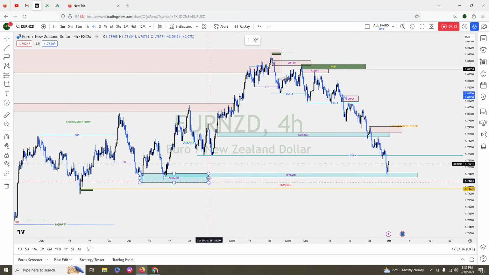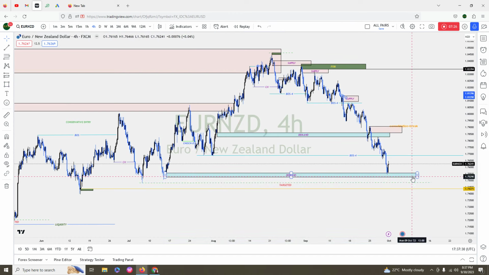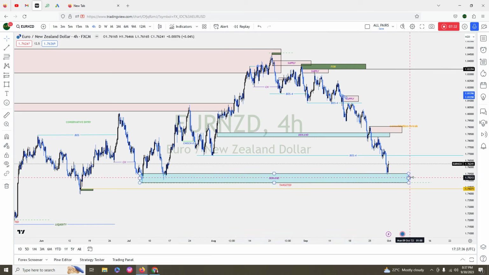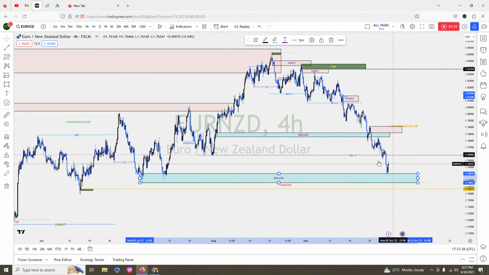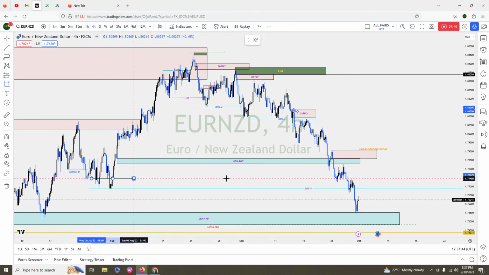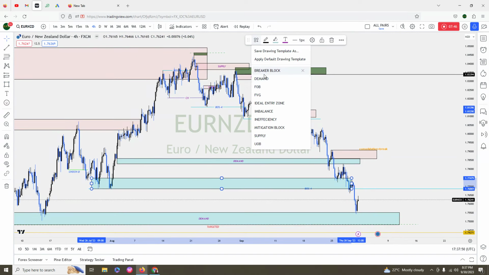So this is the swing structure. And you're seeing, let me delete the other one, you're seeing the market has reacted off this region. And what is likely to happen? Allow me to also mark another demand that is seated up here. Demand.